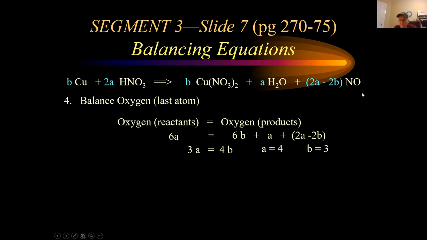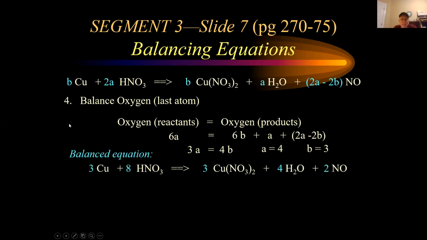So now I've got numbers to go in and replace those variables A and B upstairs. So B was 3. So replacing the B with a 3 and replacing the A with a 4, that becomes an 8. Replacing the B with a 3 and replacing the A with a 4.